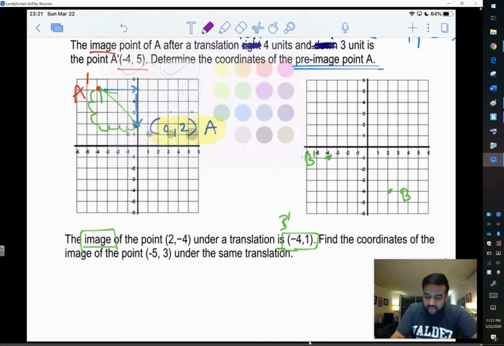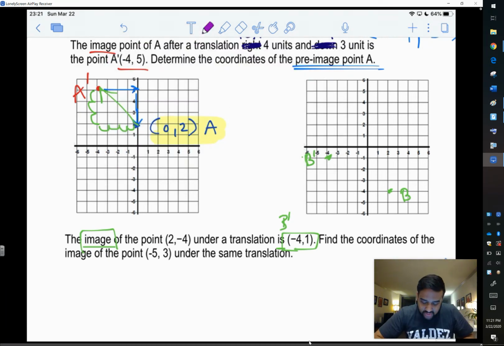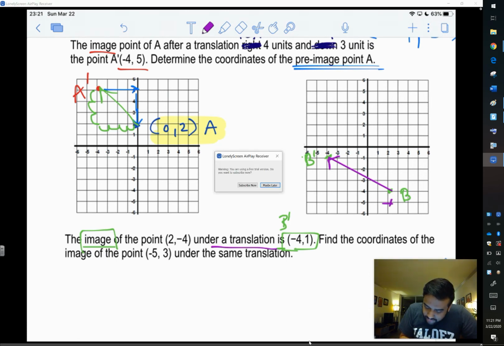So the vector that connects these two is going to be my translation, let me draw that better. The translation that is also going to be applied to a third point. So let's find the components of this vector. So this is the translation that we just made. The components of this vector have a horizontal motion of, let's see, 2 and -4.